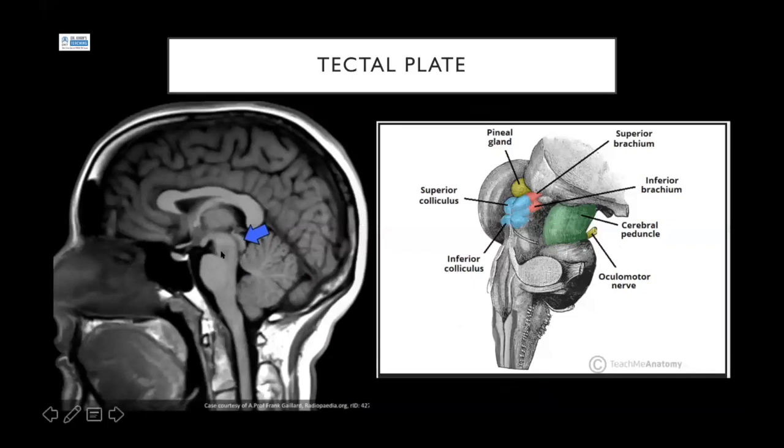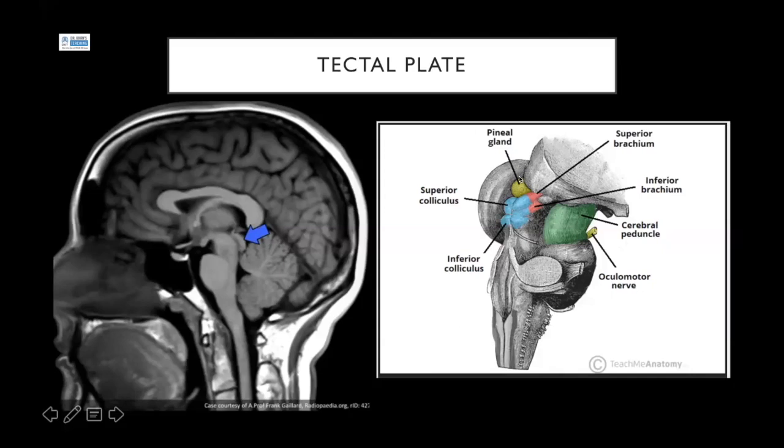We've already mentioned the tectal plate, but just to mention it in a bit more detail. This is the midbrain, and we can see the tectal plate is at the posterior aspect of the midbrain, and it's responsible for auditory and visual reflexes. The tectum houses 4 rounded prominences named colliculi. So we have 2 superior colliculi and 2 inferior colliculi, which sit directly inferior to the pineal gland.